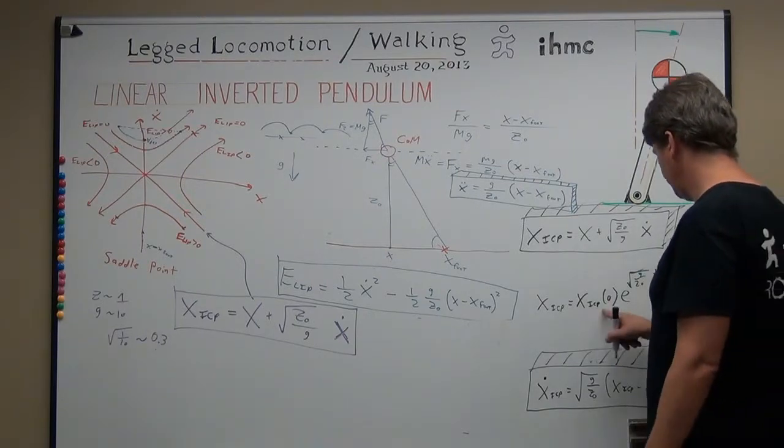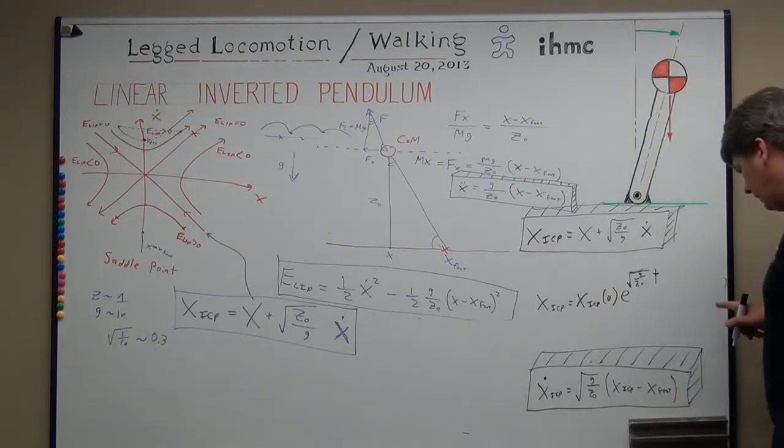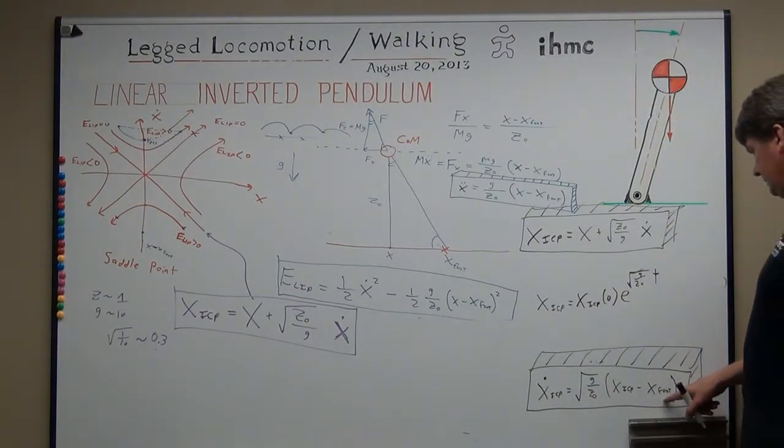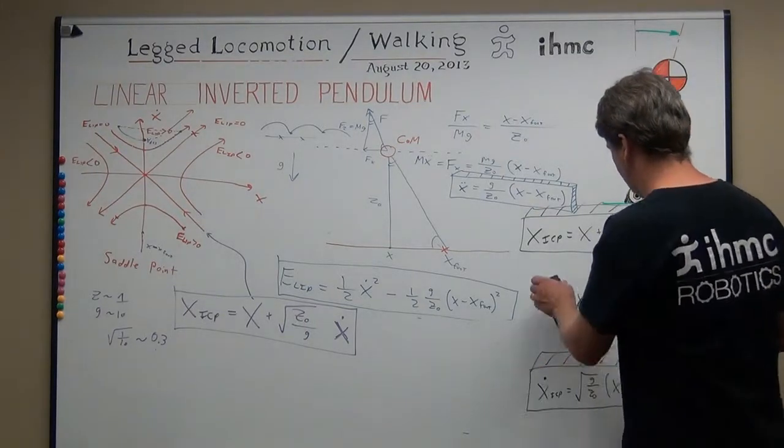I guess this would be XICP minus x foot at 0. What am I doing wrong here? I think this would be XICP minus x foot.